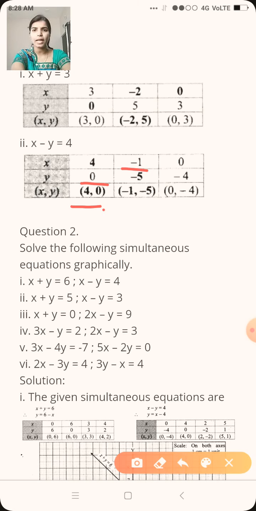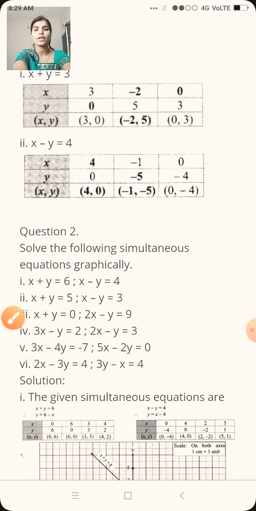So you put that value into the equation, you will get your answer, y is equals to minus 5. So your answer is here minus 1, minus 5. Then last, value of x is given to you 0. Then you put that value into the equation and you will get your last coordinate 0, minus 4. Okay, so in that question no need to draw the graph, you just want to fill the table.